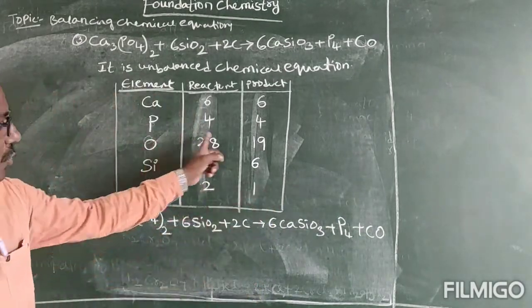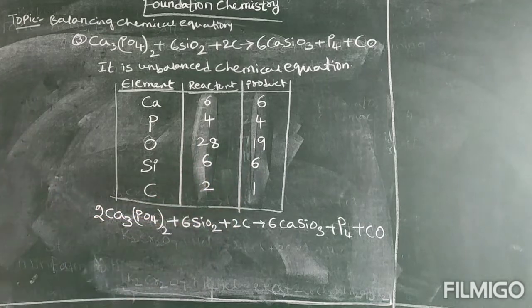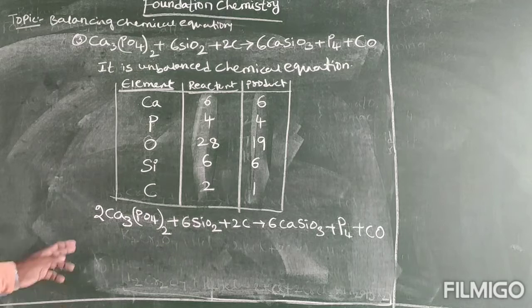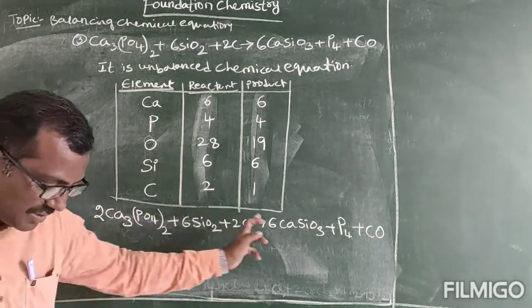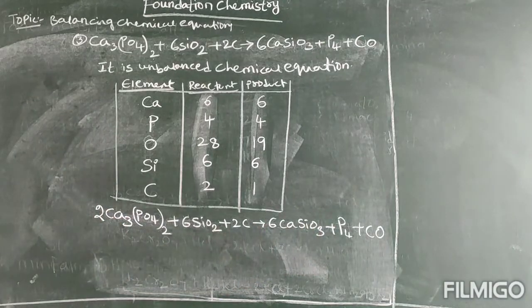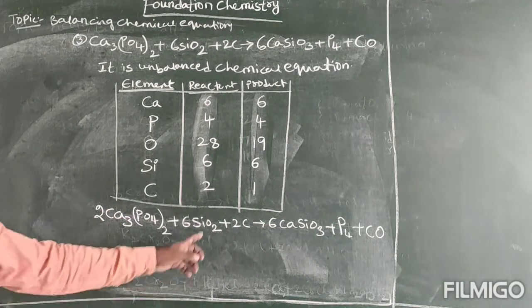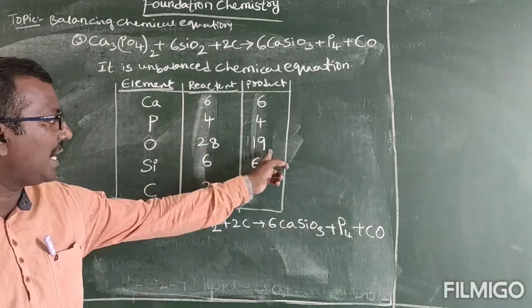Now how to balance this? That is important. Here you see, everything is balanced, but here it is 28 and here it is less.